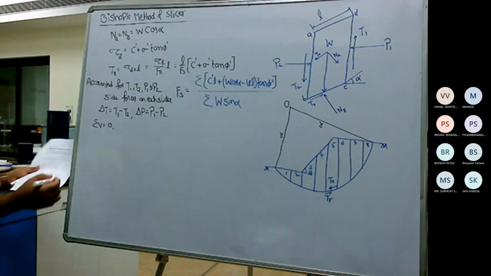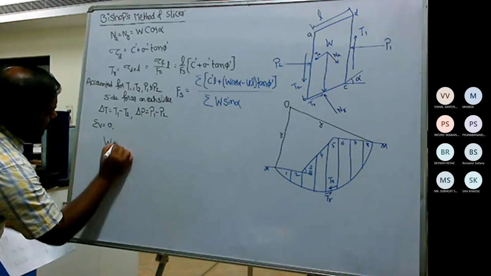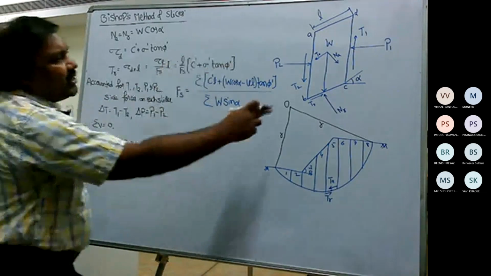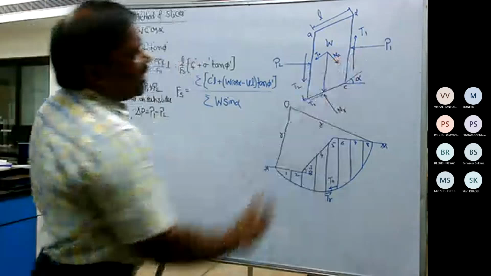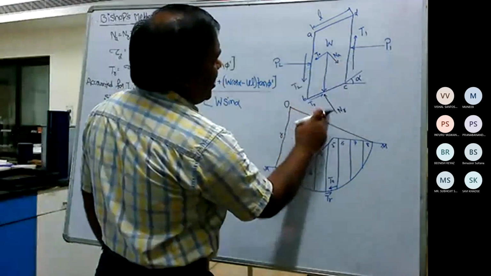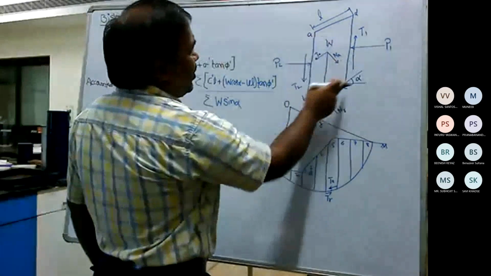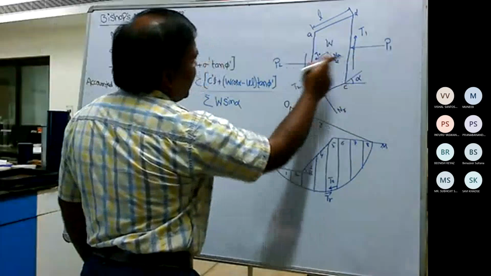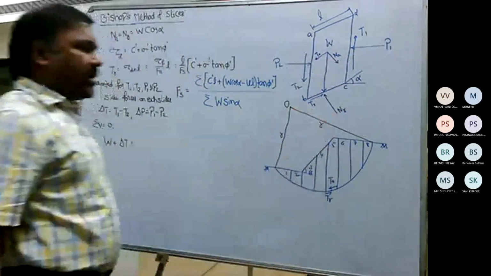Just for simplicity, I am writing the summation. So W plus delta T. I am directly taking the direction of W only, because T1, W and T2 all three are in the vertical direction. So if I resolve TR and NR, my purpose is solved. Instead of taking all the components, it is very simple, as two dominant forces W and T are in the vertical direction. So take the vertical component of TR and NR.